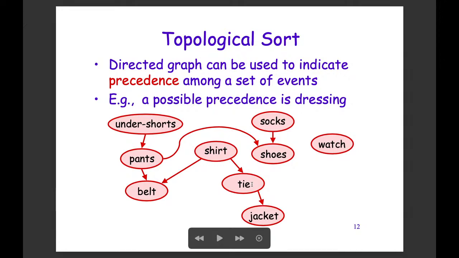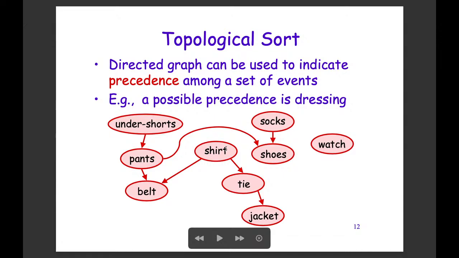Okay. So we have a bunch of tasks that we want to finish, and we want to find a way so that we can do the jobs one by one without any problem. We want to make sure that by the time we need to do a certain job, let's say the tie, all the things that it depends on are already done.